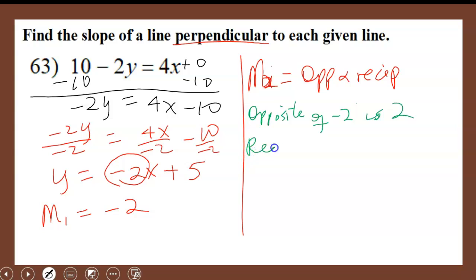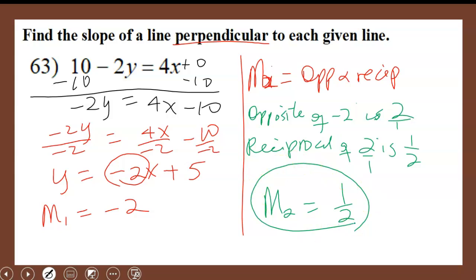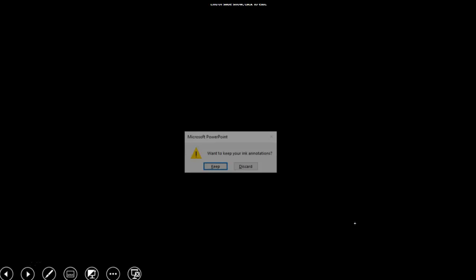And then the reciprocal of 2 is 1/2. So again, opposite, you just change the sign. Reciprocal, you flip it. So 2 is like 2/1. So the reciprocal of 2 is 1/2. So the slope of the second line is going to be positive 1/2. Okay, that's how to do it quickly once you find the slope of the first line. Okie dokie.